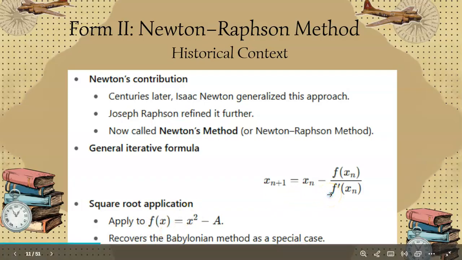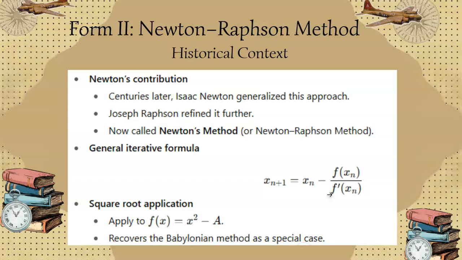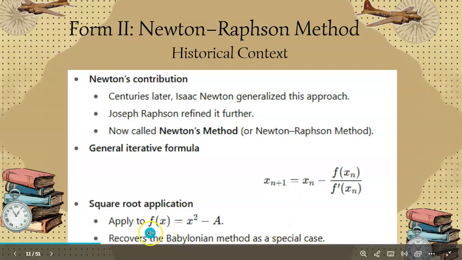This formula provides an approximation to a root of a function, cubic function, or quadratic function. In the case of square root approximation, we let f of x equal x squared minus a in order to solve for the square root of a.